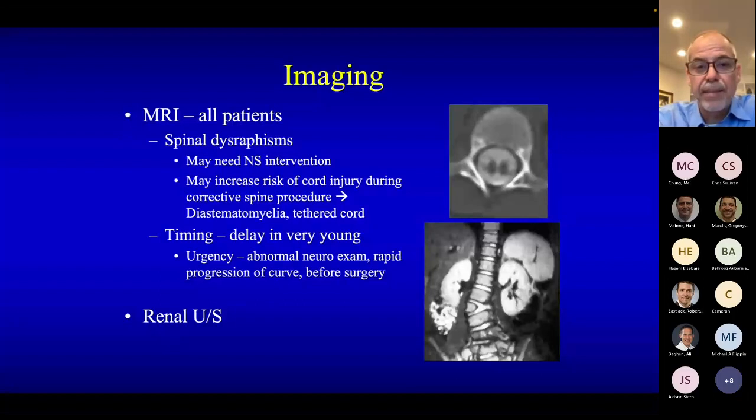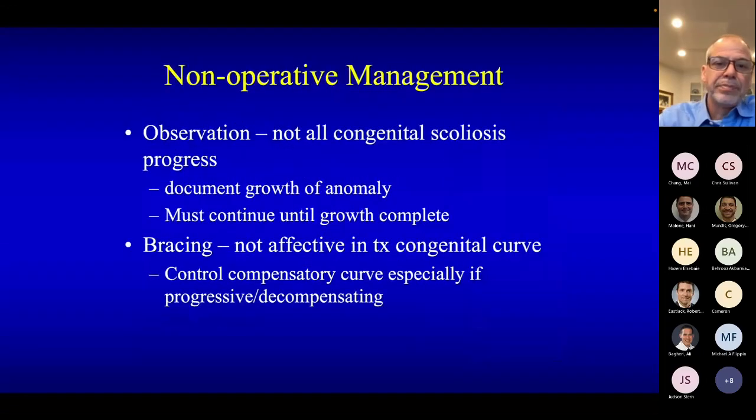Is my child going to need an operation? Is this going to be surgical? Is my kid going to be okay? And so an MRI does provide a little bit of additional information in terms of, are there discs? If there are discs, that means there's growth potential. So I think the MRI is also important with informing families about the type of anomaly and the risk of progression.